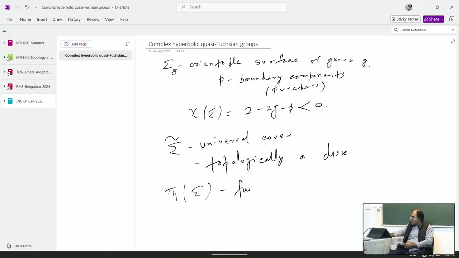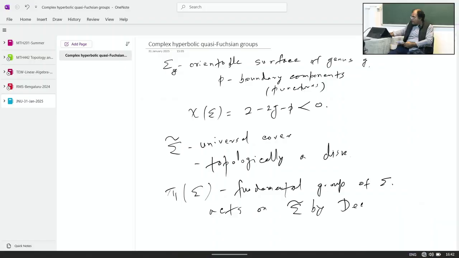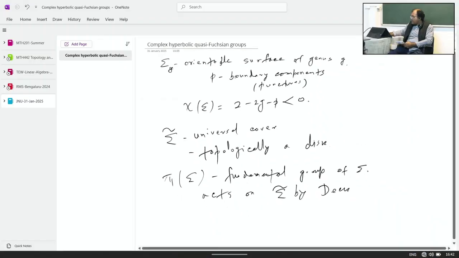And pi 1 sigma, the fundamental group, acts on sigma tilde by deck transformations.